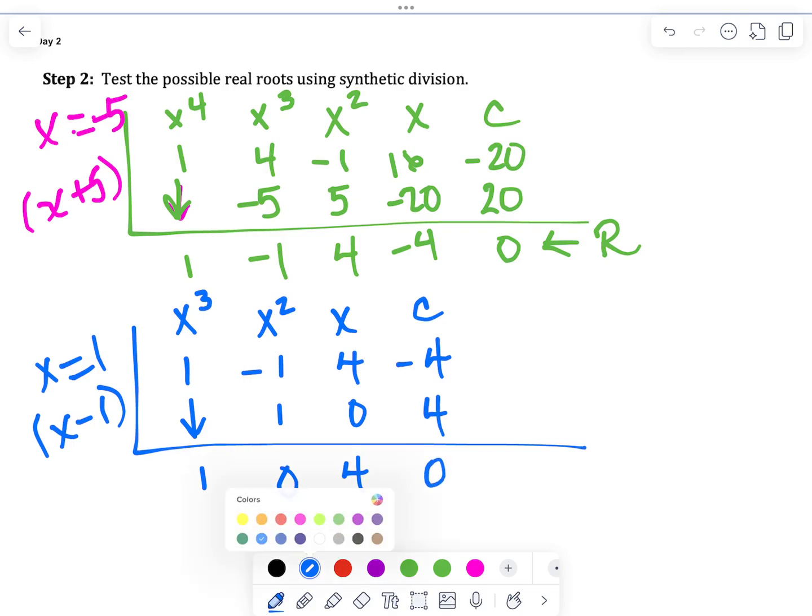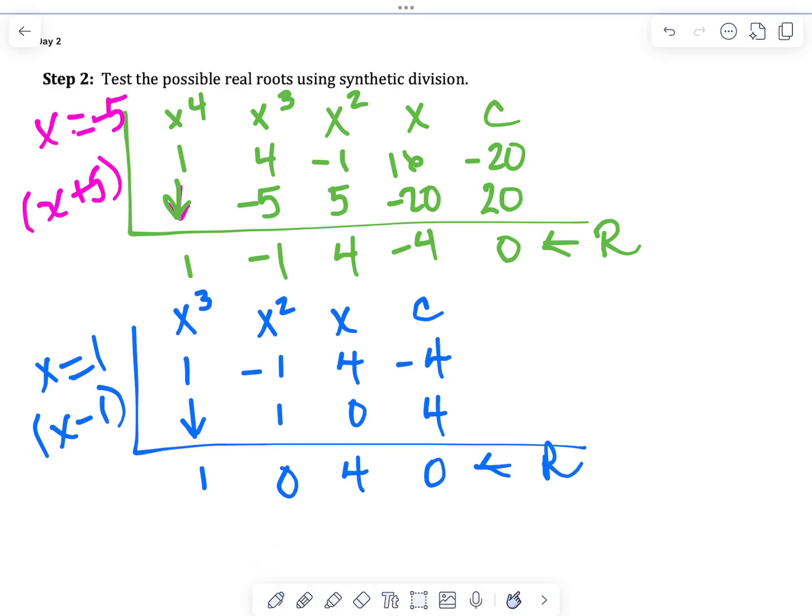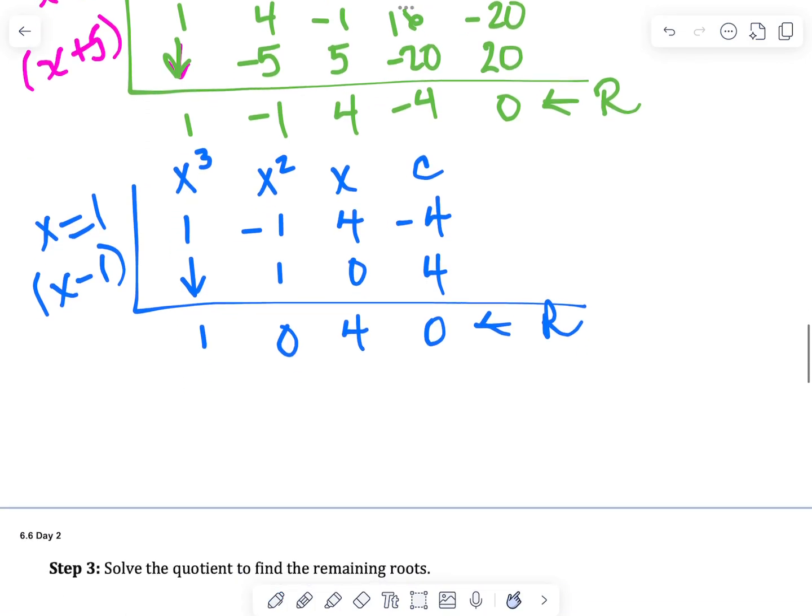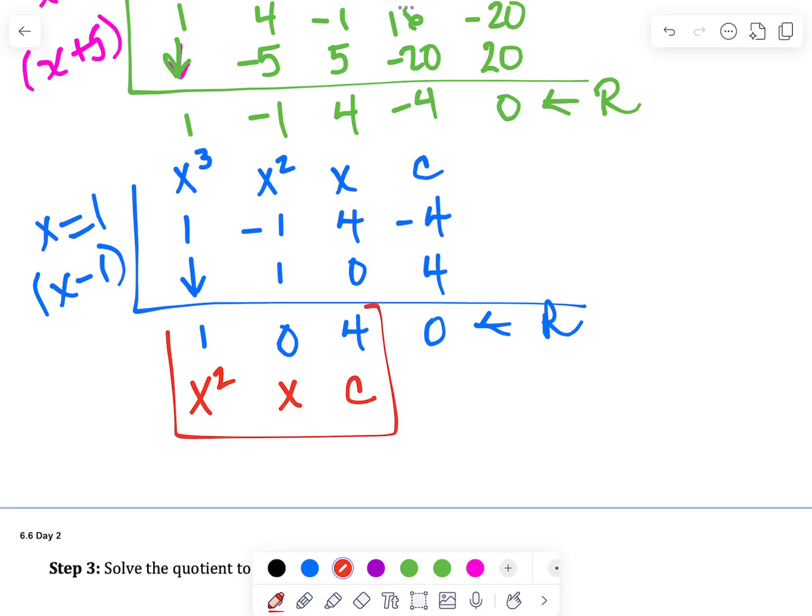And notice again, our remainder is 0. So this is a root. So our quotient that's left, we drop the degree again, x squared, x, and constant. So this is our quotient.